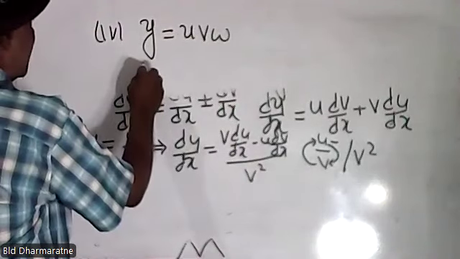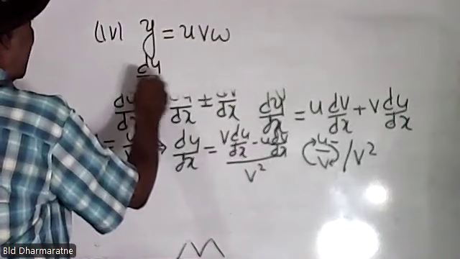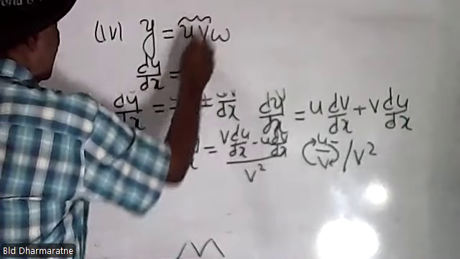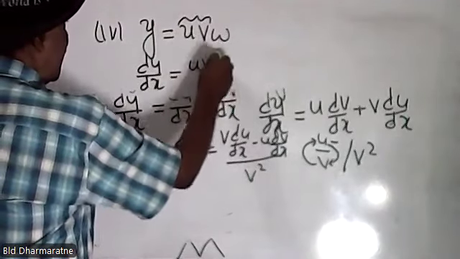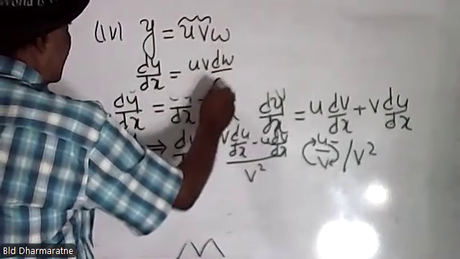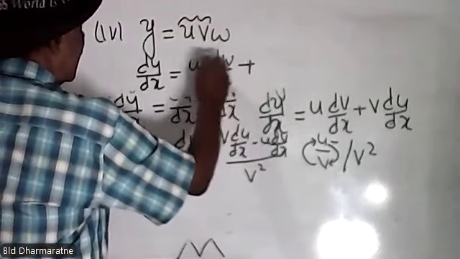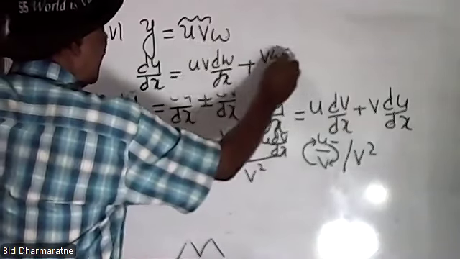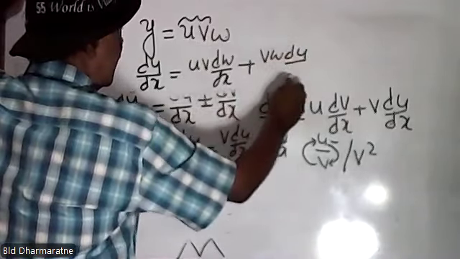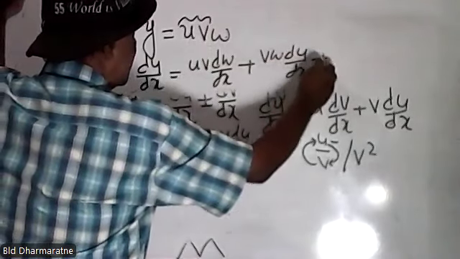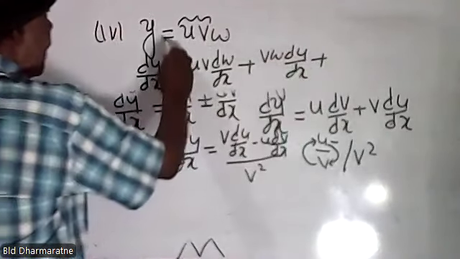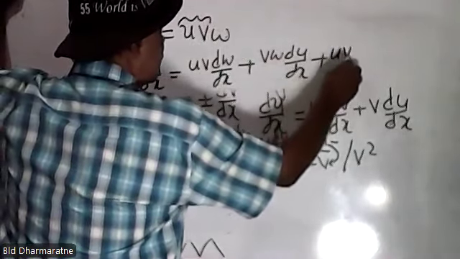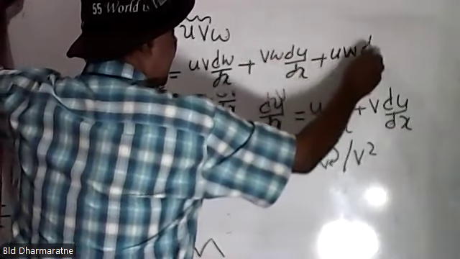Then dy by dx equals uv dw by dx plus vw du by dx plus uw dv by dx.